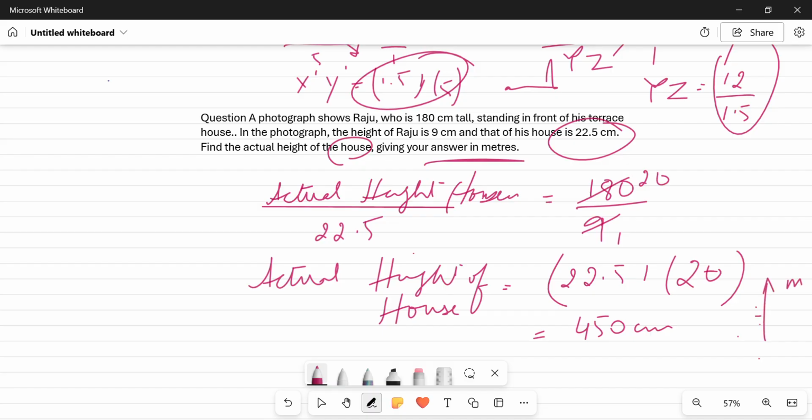You know that 1 meter is equal to 100 centimeter, so 450 divided by 100. The decimal is at the end, and we need to move it back 2 digits because there are 2 zeros. So 4.5 meter is the answer. I hope you understood these two questions. Thank you for watching.